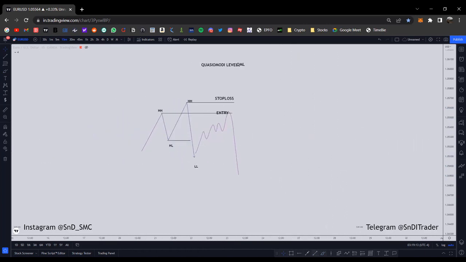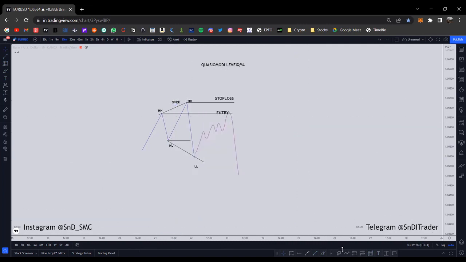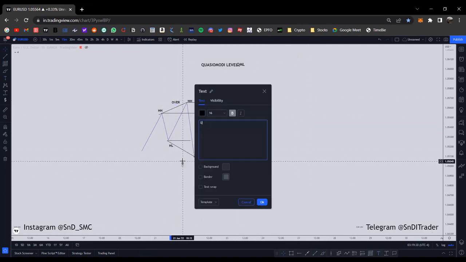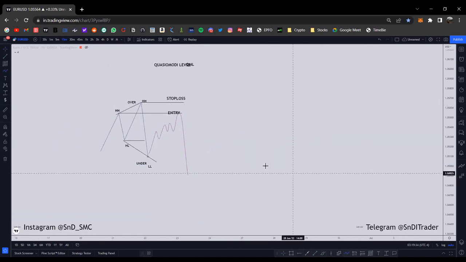So it is basically an over and under pattern. It is also known as the over and under pattern. You can see this as a head and shoulder pattern as well.